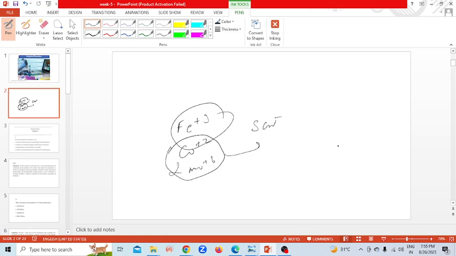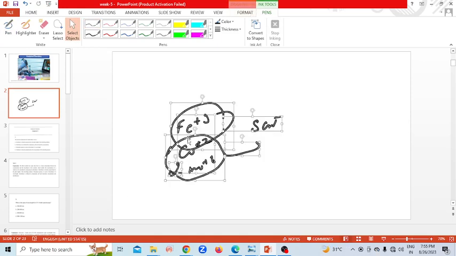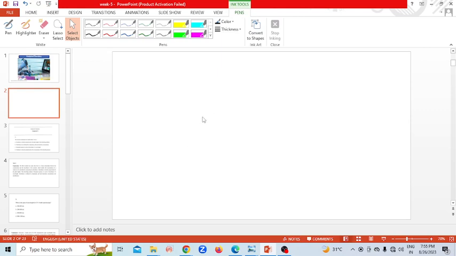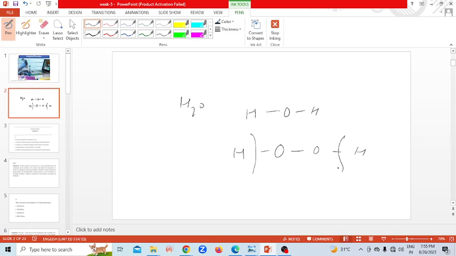Similarly, peroxide ion. Suppose we are discussing peroxide. What is peroxide? You should know what peroxide is. This is the structure of water. What is peroxide? It will be like that. One hydrogen will be removed from this side and one from this side.